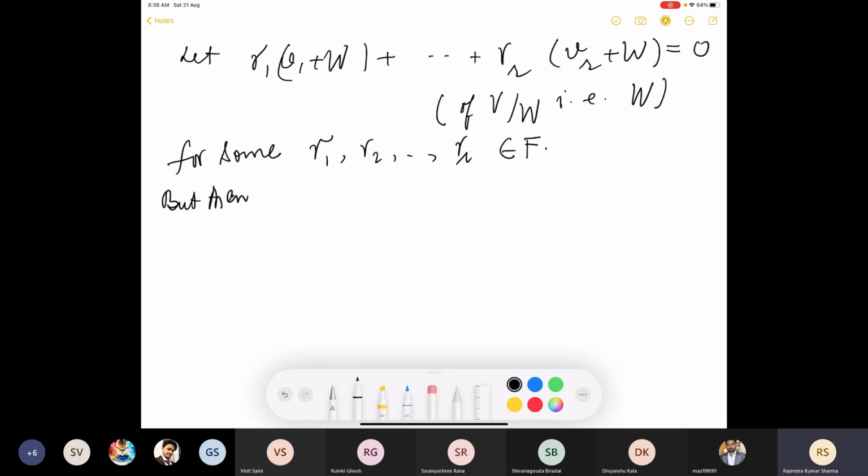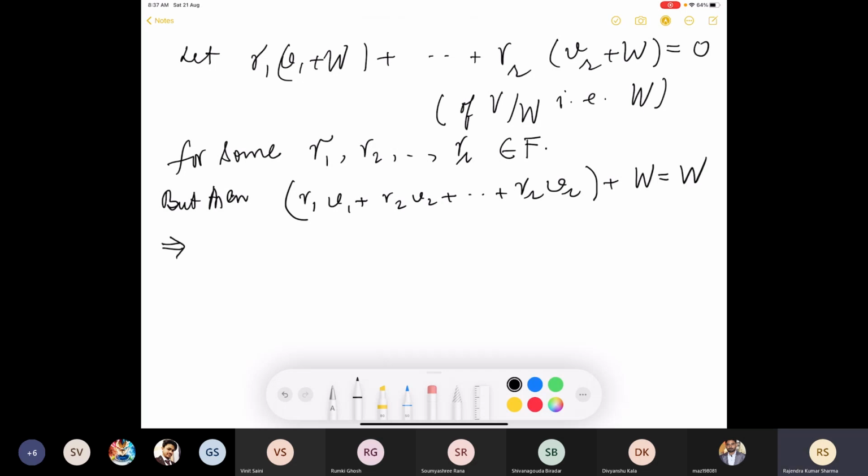What does it mean? That is the way the sum and the scalar multiple of two cosets is defined. So this makes that this is gamma 1 V1 plus gamma 2 V2 plus gamma R VR, plus W, is 0 of V by W, that is W. Now these are two cosets here.